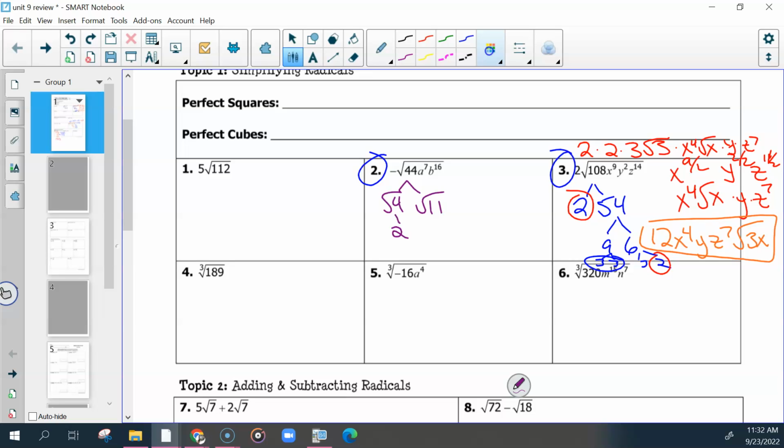So this will give us 2 with our negative times the square root of 11. I'm going to do the variables in the other way. So I'm going to write out 7 a's. I would find my pairs of a's. So that would give me 3 pairs of a's with 1 left over.